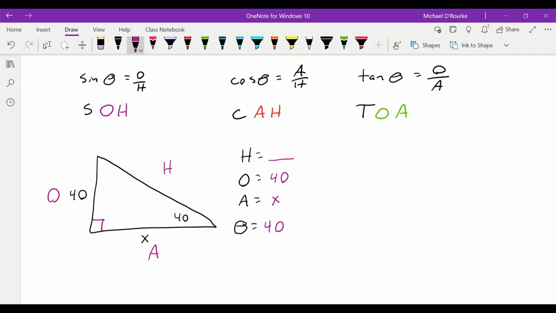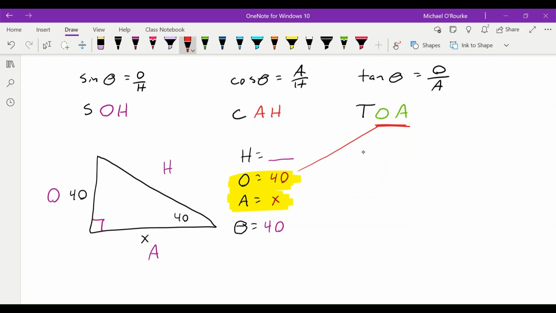Oh, who picked 40 and 40? That's confusing. Now, what two letters do we have? We have O and A. So what has O and A in it in SOHCAHTOA? Well, it is TOA, because there's O and A right there.